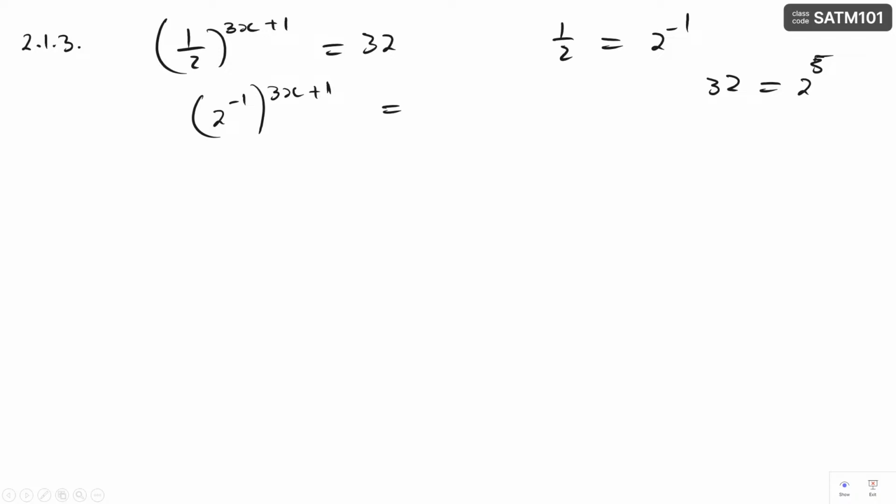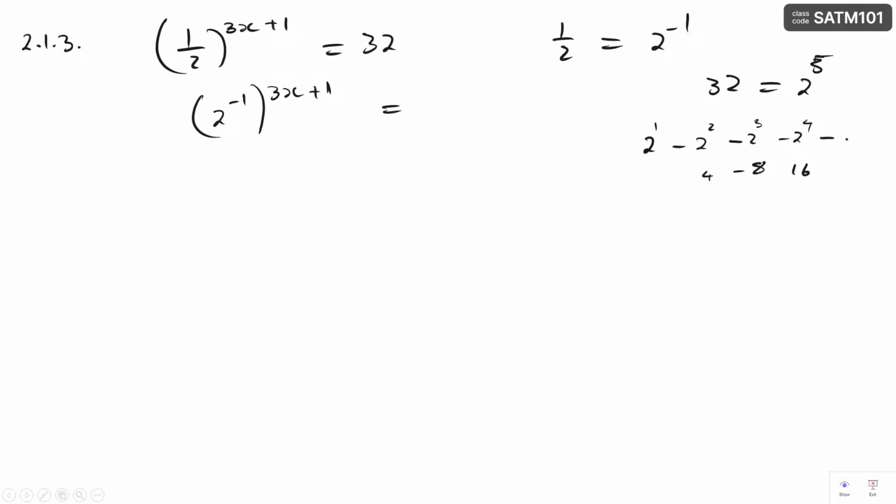Or if you don't know it can be written as 2 to the power 5, what I advise you to do is start by saying 2 to the power 1, and check, the answer is going to be 2. Then 2 to the power 2 is going to be 4. Then 2 to the power 3 is going to be 8. Then 2 to the power 4 is going to be 16.